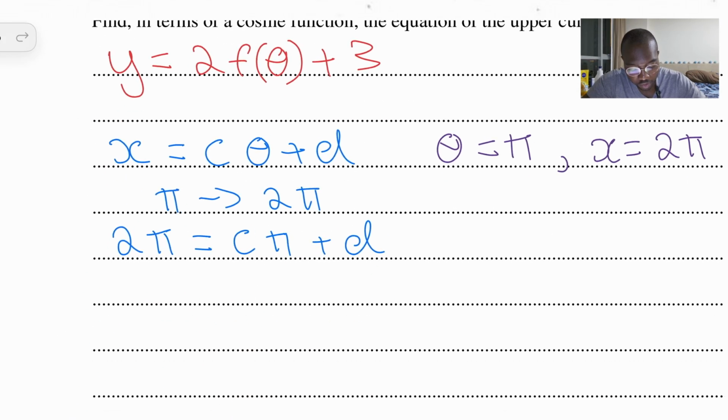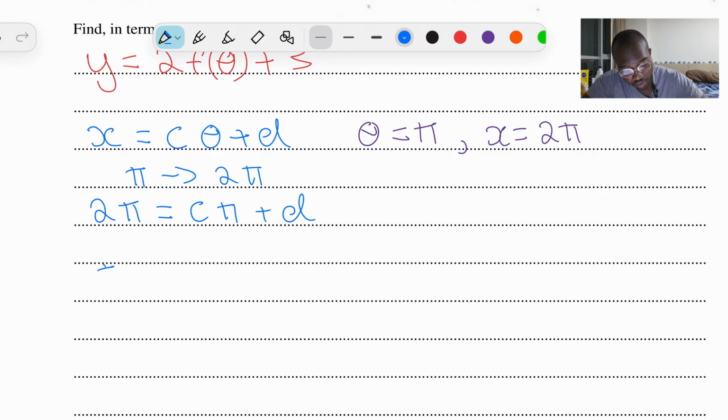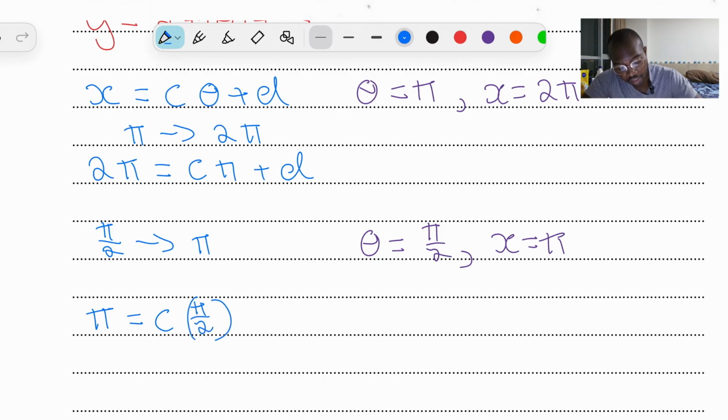So therefore, we also know that pi over 2 maps to pi. And we apply the same formula. In this case, we would have theta as pi over 2, and the x value would be pi. And we just apply the same formula. So therefore, pi would equal c theta, so that's c pi over 2, and then that would be plus d.